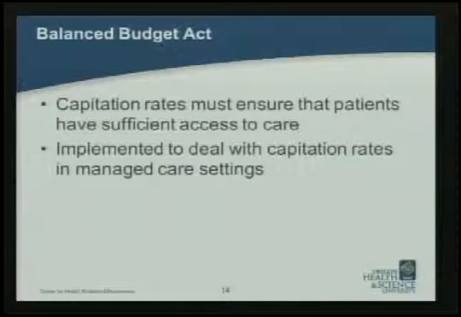And that is precisely one of the reasons why the Balanced Budget Act was implemented, to try and deal with this issue of managed care organizations setting seemingly arbitrary rates or setting rates that seemed unfair to provide health access to the patients in their populations.